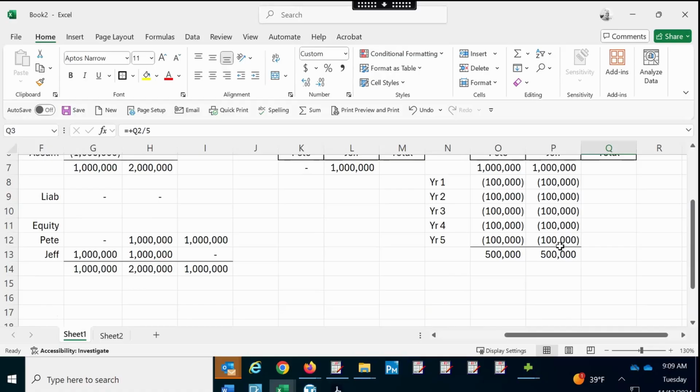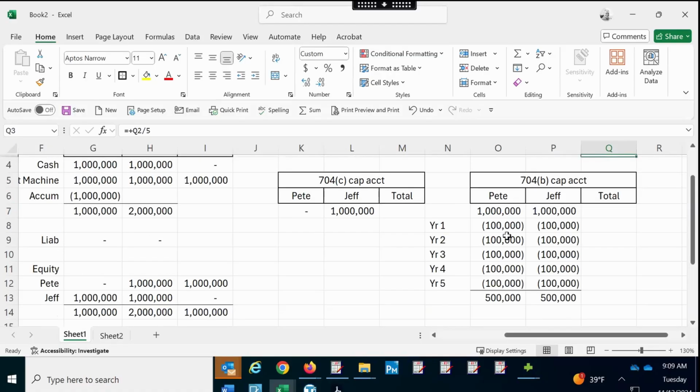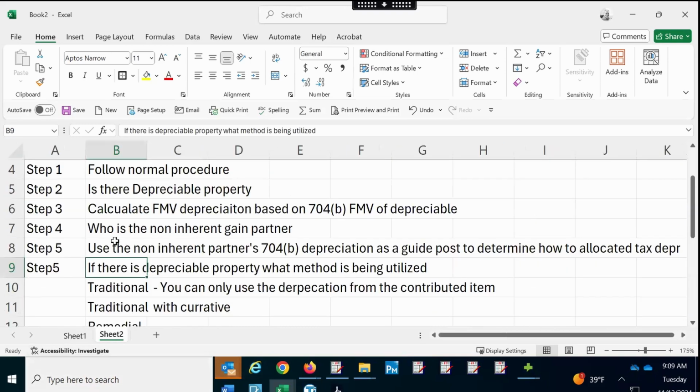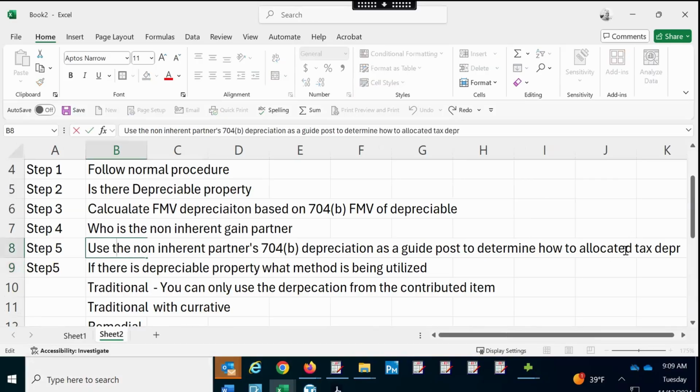Allocate that fair market value depreciation to Jeff and Pete in proportion to the agreed upon allocation. Who's the non-inherent gain partner? Use the non-inherent gain partner's 704(b) depreciation as a guidepost to determine how to allocate tax depreciation.